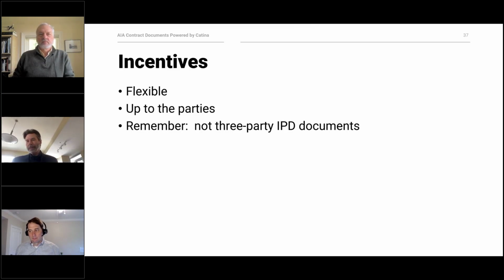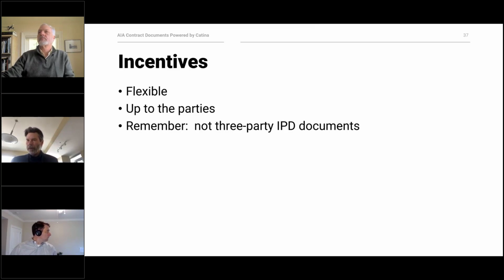And so what these documents try to do in a collaborative approach is to emphasize more greatly positive incentives rather than negative disincentives. And so one of the more common incentives is the sharing in any expected cost savings. That's the most straightforward incentive that you can create in the context of this particular model.